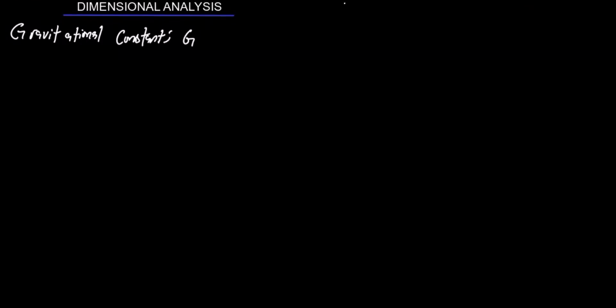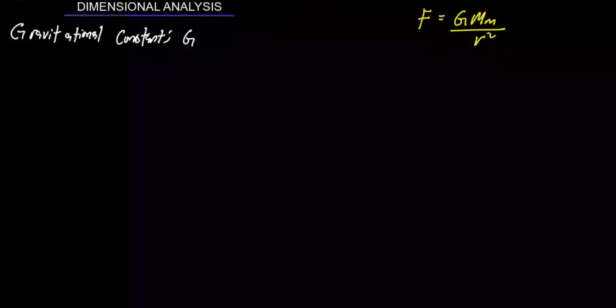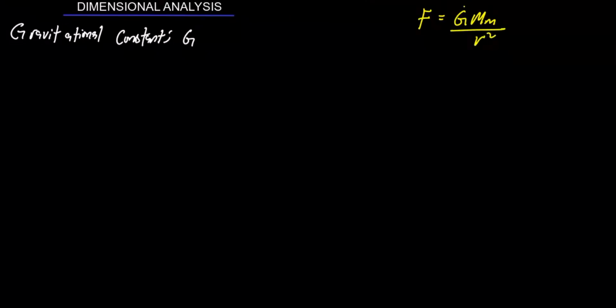There is a particular law in physics we call Newton's law of universal gravitation. And what does it state? That F is equal to G m m all over r squared. If I make G the subject of the formula, I'll be having G equal F r squared over m m.